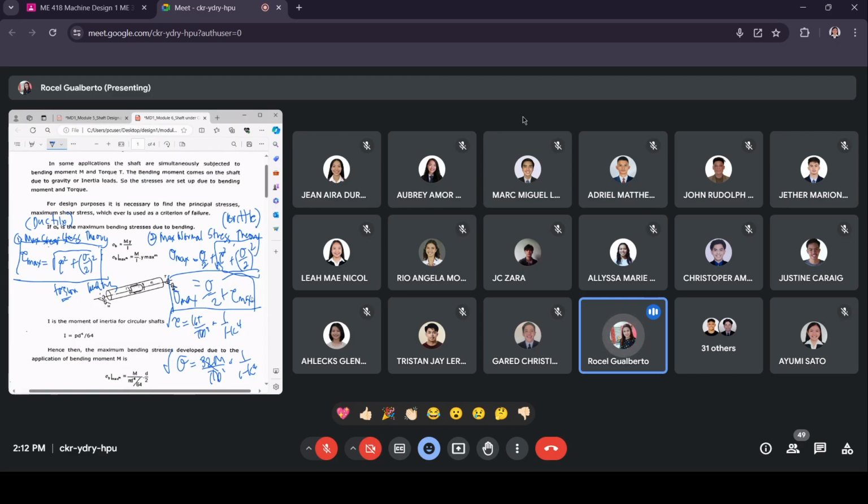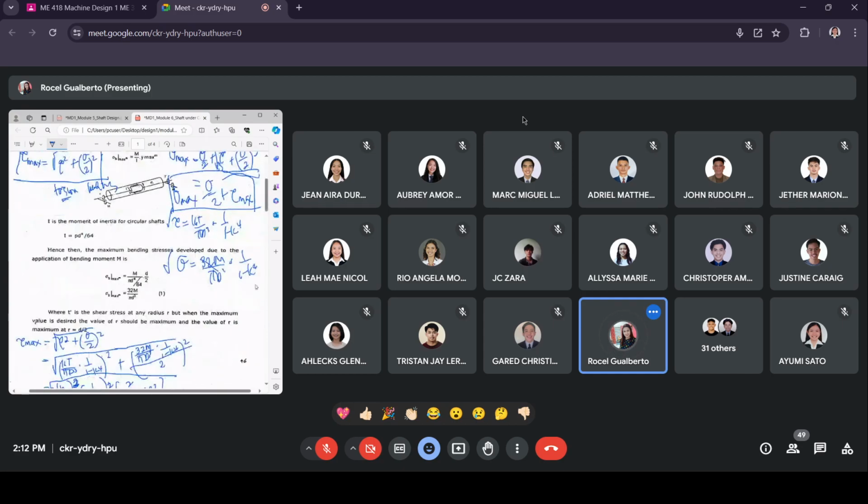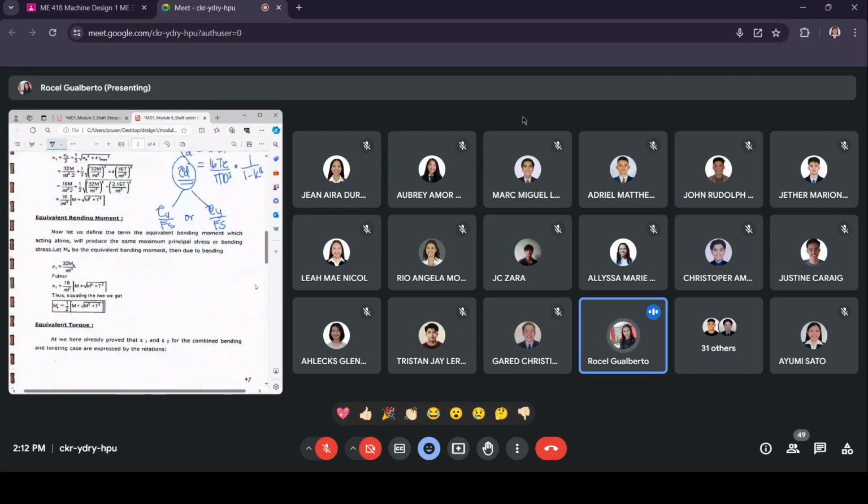From the equation, let us do the same thing again. Let us now derive the equation for sigma maximum coming from this original or general equation. For sigma max, this is equal to sigma over 2 plus tau maximum. Sigma pertains to the bending.